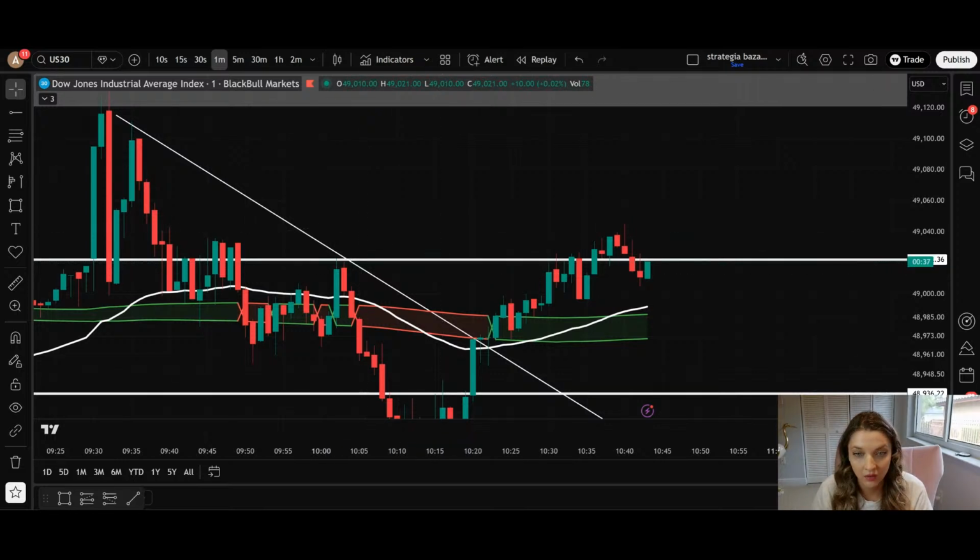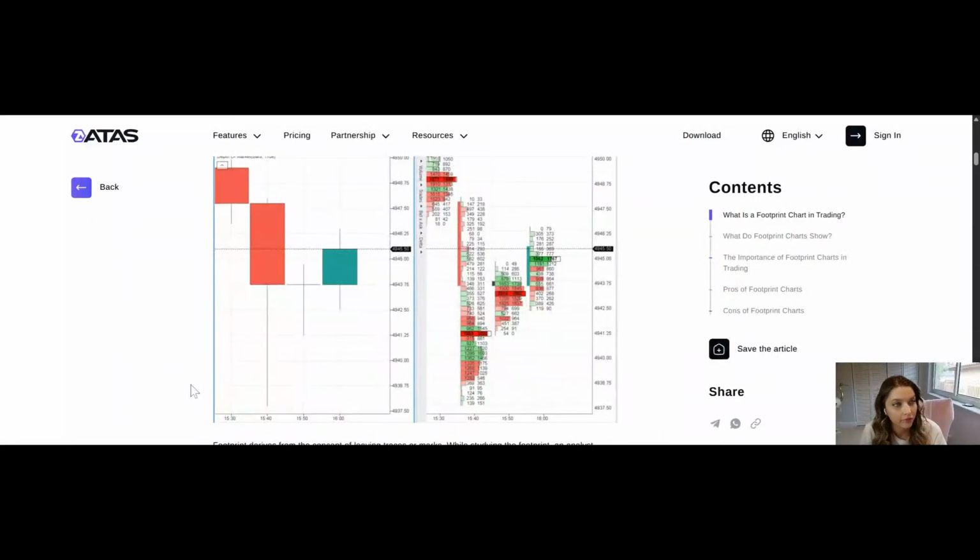Let me see if I can show you. The volume, that's how it looks. The one that I was talking about. So you need a lot of practice to read all this. You see, every candle is a bunch of numbers, and you kind of have to know how to read it.